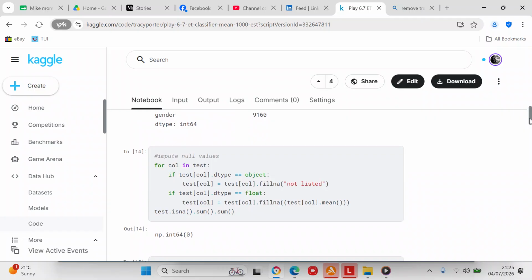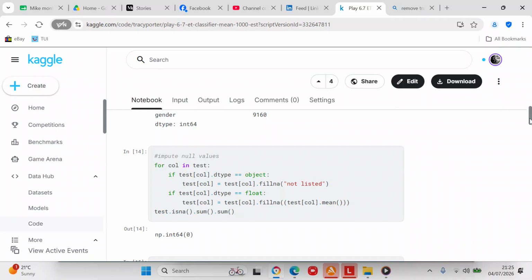So now we're going to impute the null values, and we're going to do what I already had said. Basically, if the dtype of the column is object, you're going to fill the missing value with "not listed". And if the dtype of the column is float, then you're going to fill the missing value with the mean of the column.